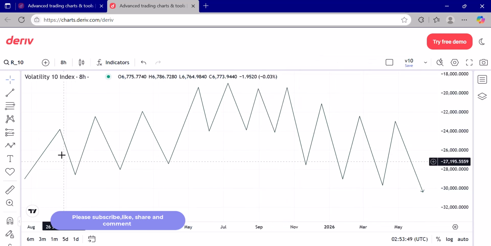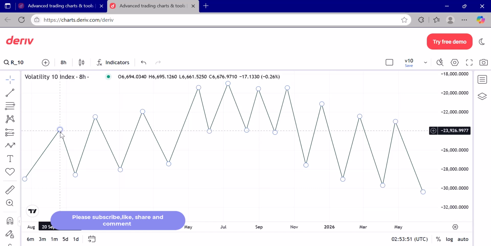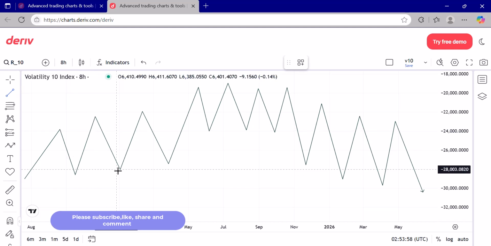The market was in an uptrend. Remember, in an uptrend, the market is making a series of higher highs and higher lows.